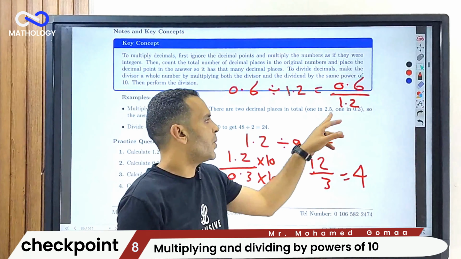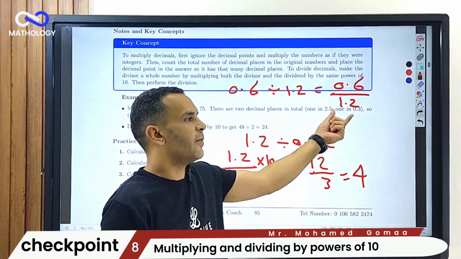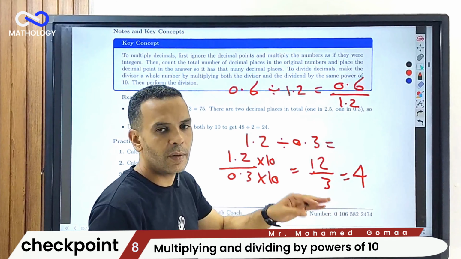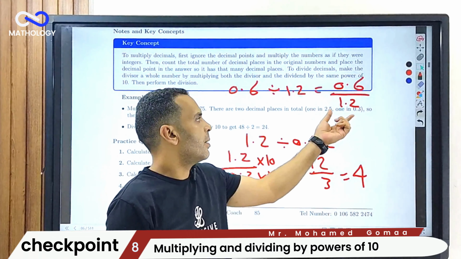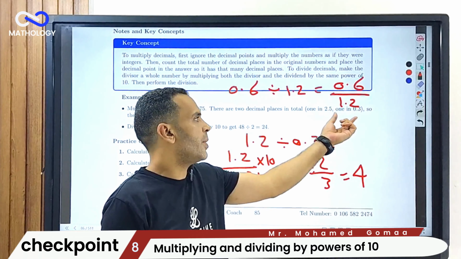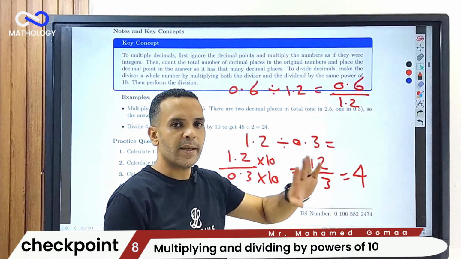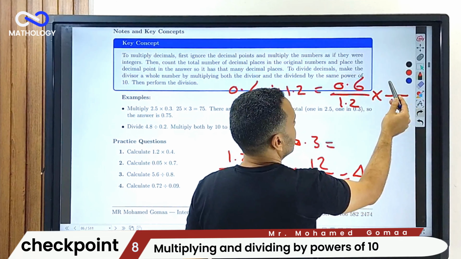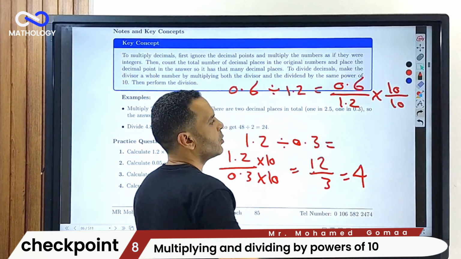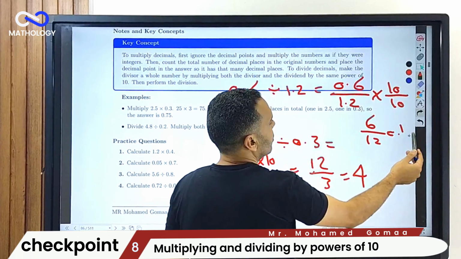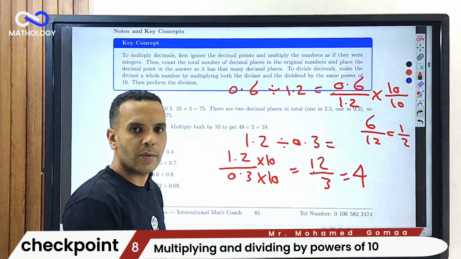The most important thing is to make the divisor, or the denominator, without any decimal point, not the numerator. So we have to multiply here by 10 and here also by 10. It will be 6 over 12, which equals 0.5 or 1 over 2.